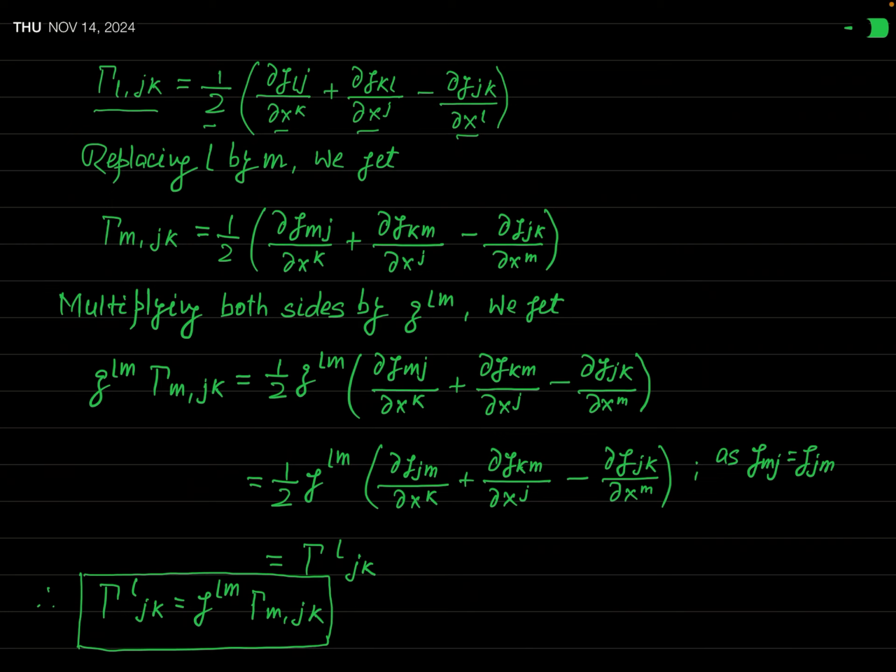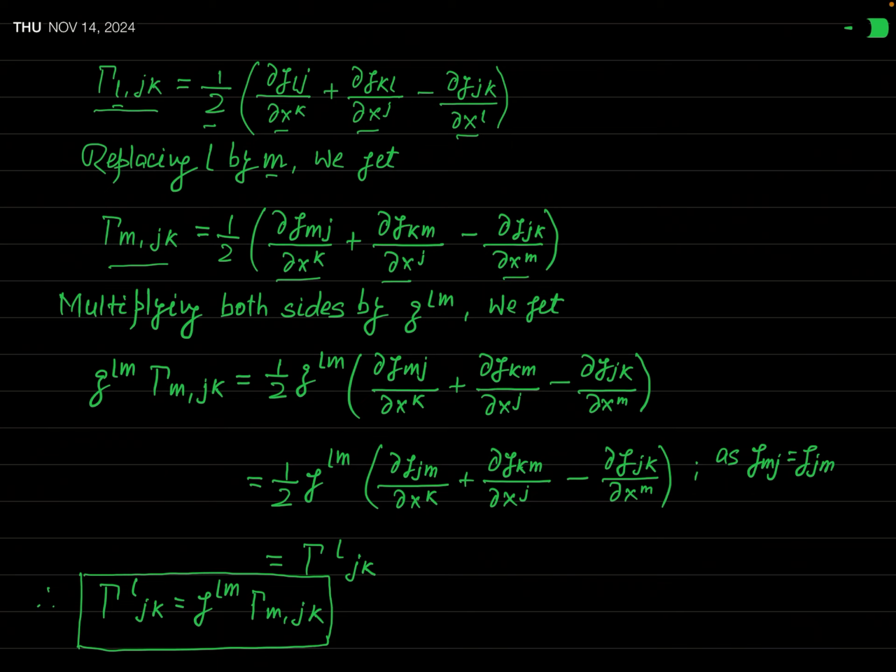So here, if we replace this l by m, then what will be our result? In each term where there is l, replace that by m. So you can see the LHS will be Γ_m,jk, and that will be equal to 1/2 (∂g_mj/∂x^k + ∂g_km/∂x^j − ∂g_jk/∂x^m). Here l has been replaced by m.